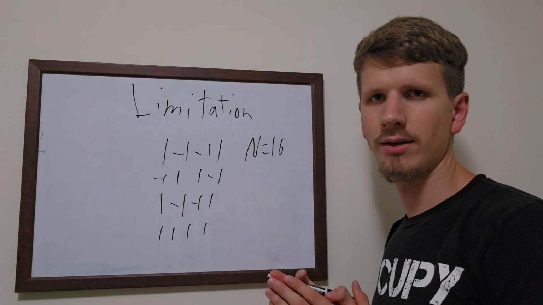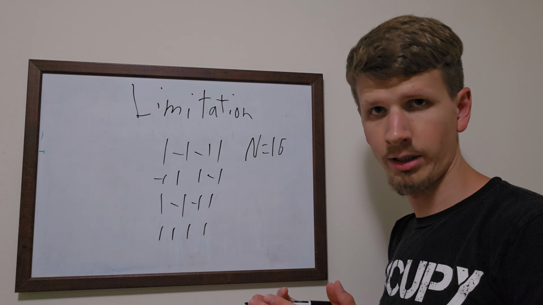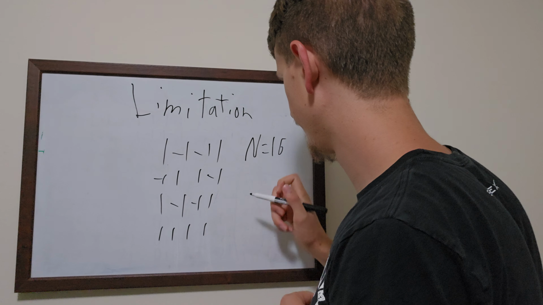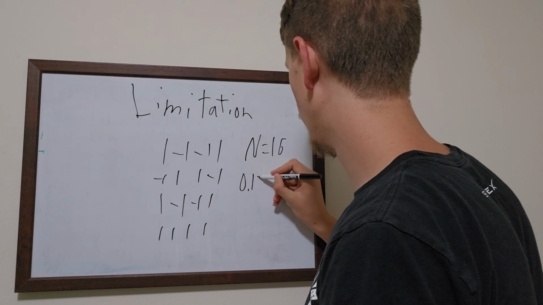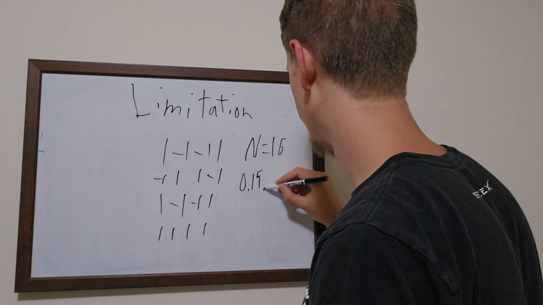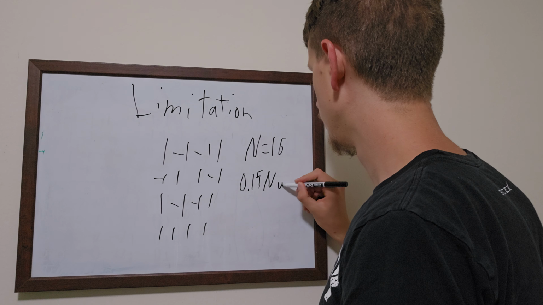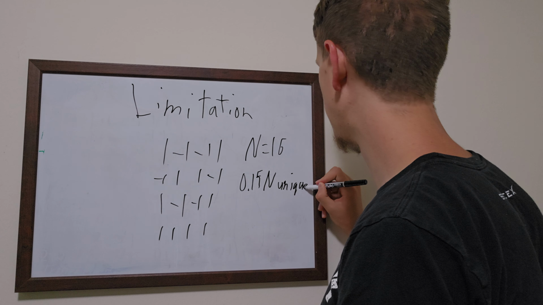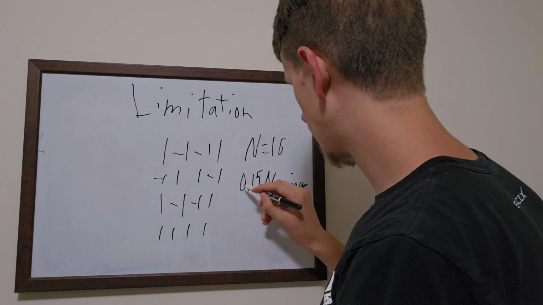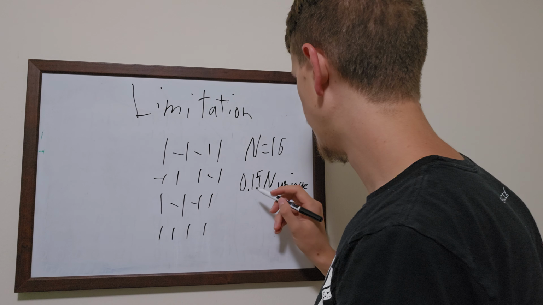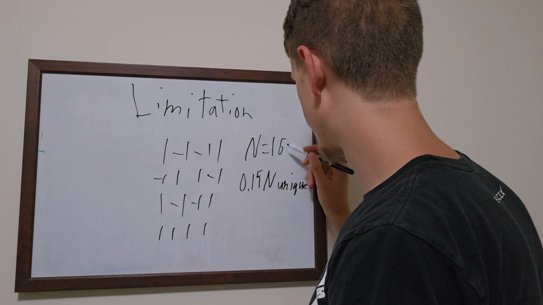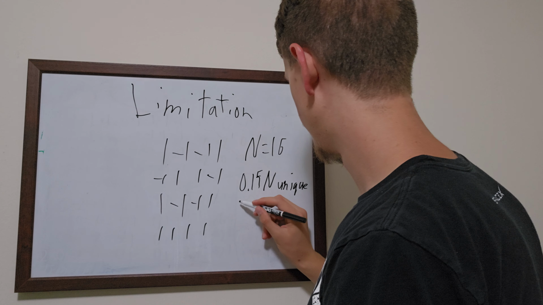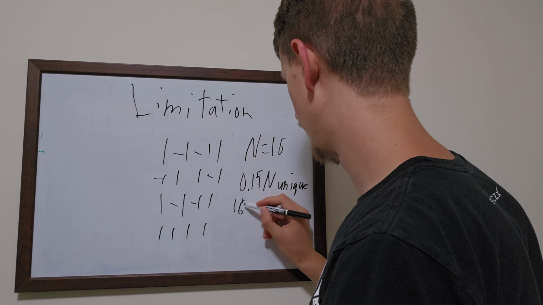So he said that he figured this out by Monte Carlo calculations, that you can only store 0.15 n unique memories. So what that means is 16 times 0.15 equals, okay, let's run the math here.